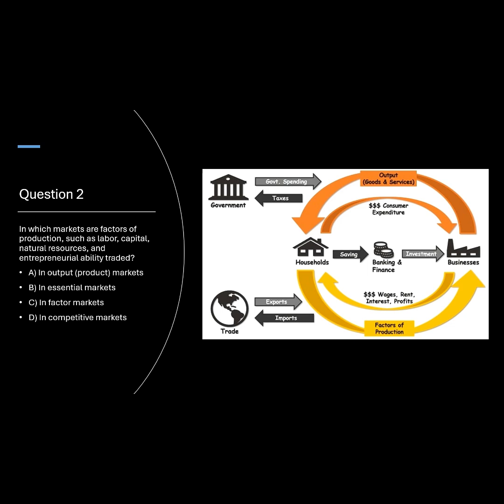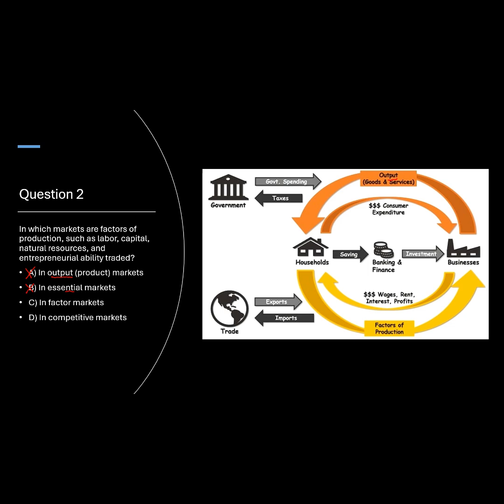And so letter A suggests output markets. Well, if we look at our circular flow model, output is where a business is selling goods and services. And so that does not include labor, capital, or entrepreneurial ability. So that one's out. Essential markets is not even on here, so that would be out.